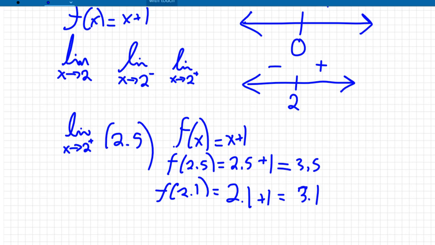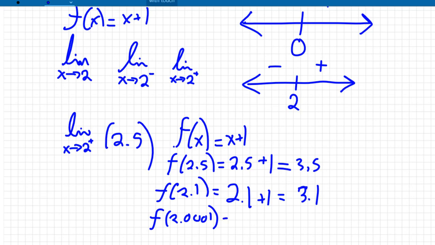So it's kind of getting pretty obvious at this point that the limit as x approaches 2 from the values greater than 2 is 3. But we'll put in one more value just to be sure. So something that's very close to 2 but not 2 and is greater than 2 is 2.0001.